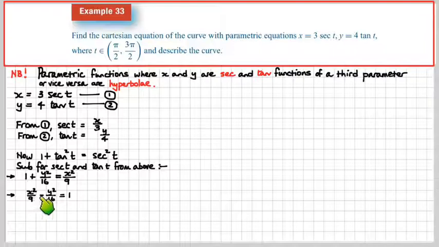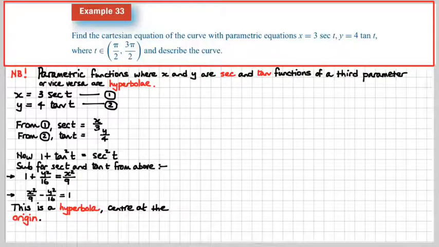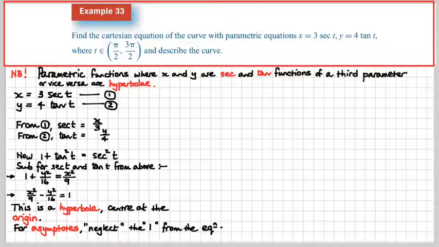which is a left and right branch hyperbola, if ever I saw one, because the positive pronumeral squared term is the one that gets the intercept, so that you would get x-intercepts in this case, so therefore it must be a left and right branch instead of an up and down branch hyperbola. So it is a hyperbola, centre at the origin, yes, and for the asymptotes, now we have to work all this out as well, because we have to find the Cartesian equation, and finding the asymptotes is part of doing that.